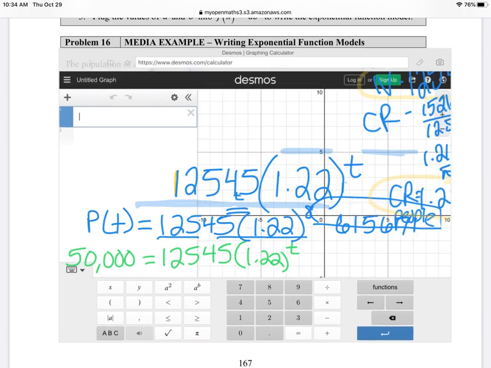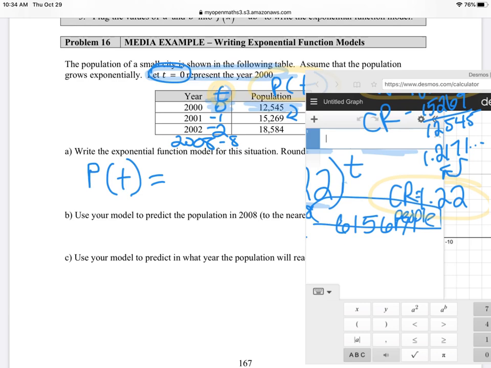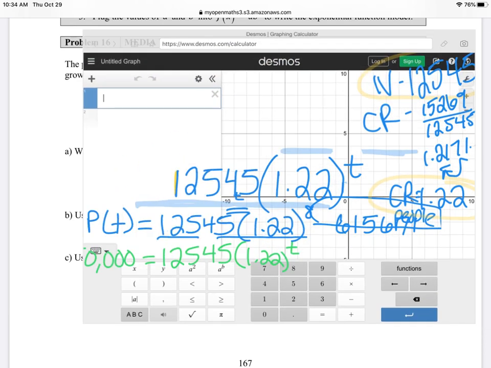And we are going to type in that function. So if you remember when we did this in class, we typed the function in the top. So I'm going to type 12545 times 1.22. Oops, 0.22.